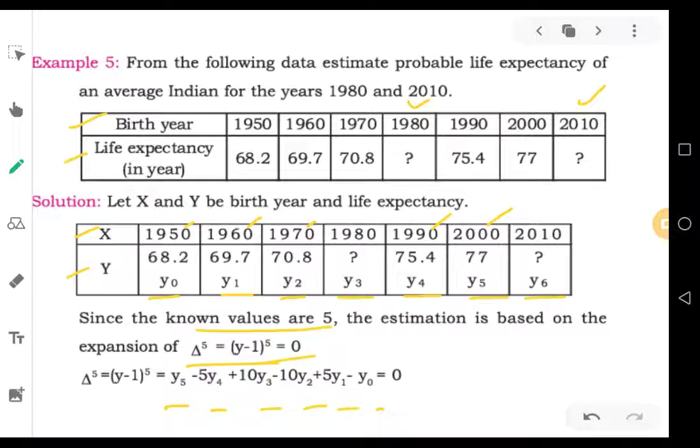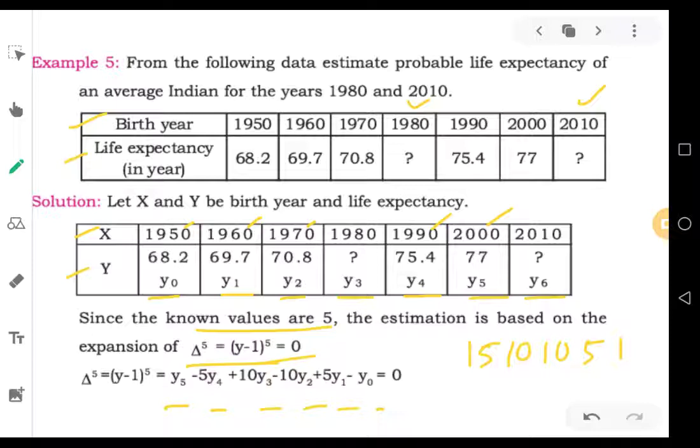After writing that, you should see the leading differences table of fifth order. That means for 5, it should be 1, 5, 10, 10, 5, 1. For the already written formula, you add these multiples of 1, 5, 10, 10, 5, 1, so that it will be 1y5, 5y4, 10y3, 10y2, 5y1 and 1y0 is equal to 0.